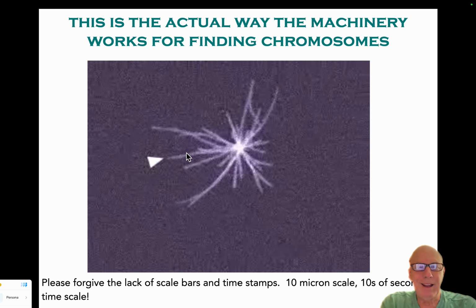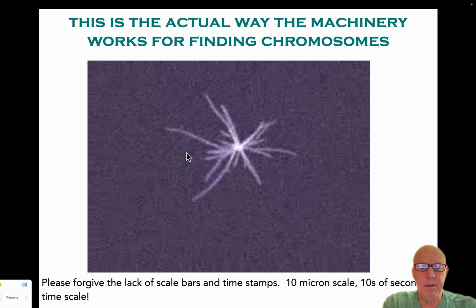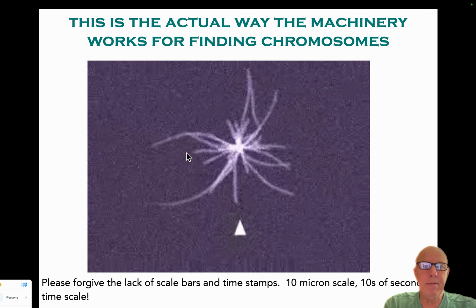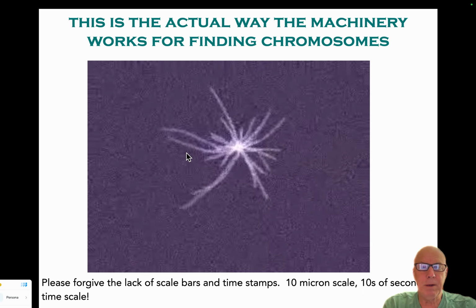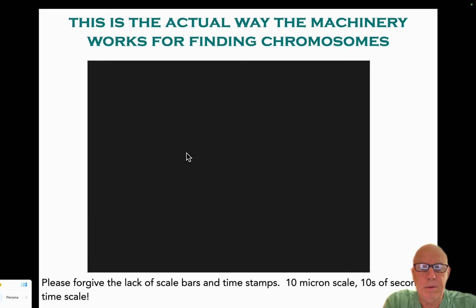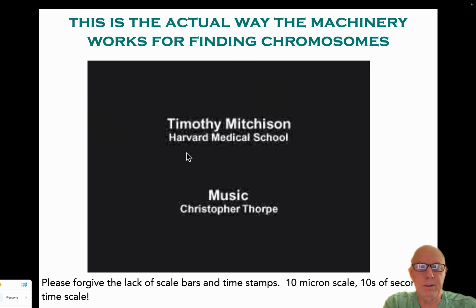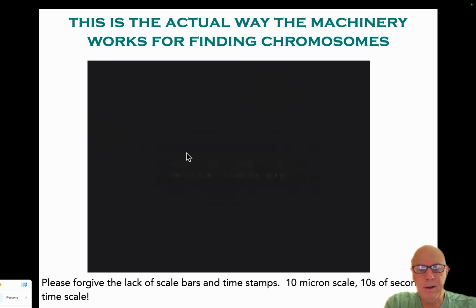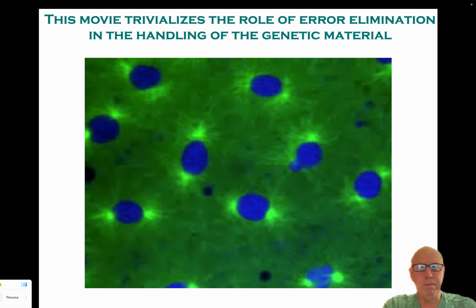I regret the absence of both spatial and temporal time scale bars, but suffice it to say, just take a look at the movie. What I'm hoping that you see is, you can pick a given microtubule, and what you'll see is that it grows and then it shrinks and so on. And the reason that this is so important is that that's the underlying dynamics that gives rise to the exploration, which I'm basically trying to point out.